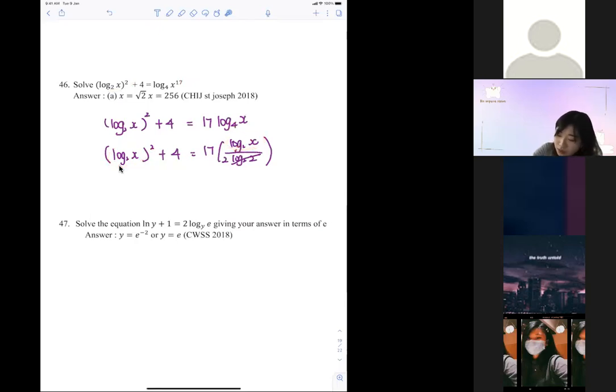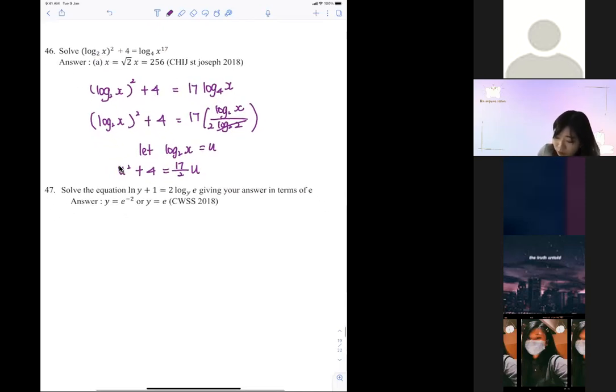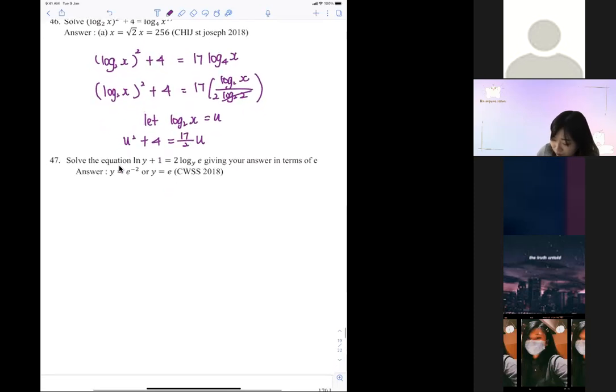This one, no matter how I see, it looks like quadratic. So I let log 2x equals to u, because there's no way I can simplify this with a square. So we got u squared plus 4 equals to 17 over 2u. Everything times 2, you know how to solve. This one, I'll leave it to you.